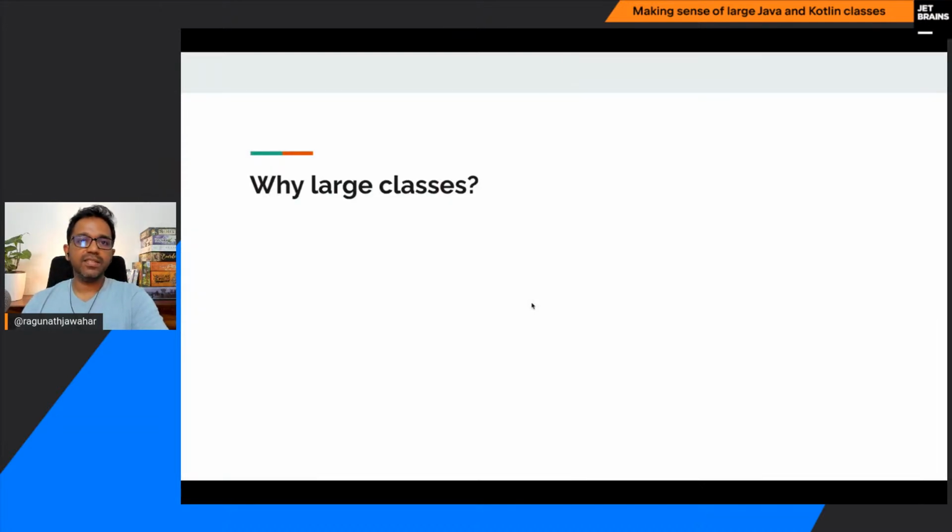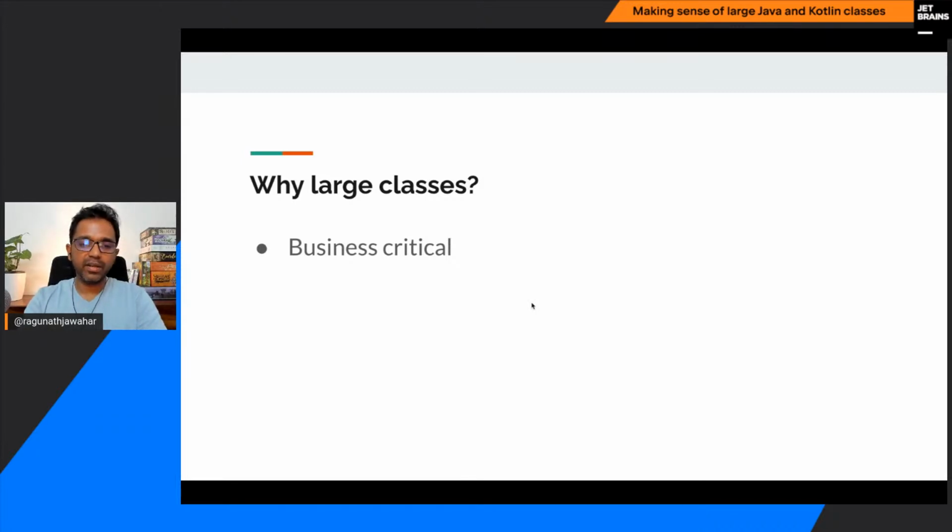Why large classes, right? We have a lot of things to talk about, but why did I pick dealing with large classes in general? One of the things that I've noticed over the past few years is that when you start working with code bases, especially code bases that have evolved very quickly or teams that have grown very quickly, most of the things that are important to the business get put in one single place, right?